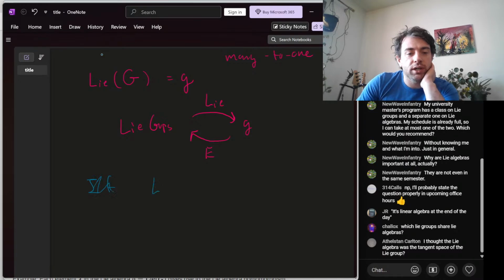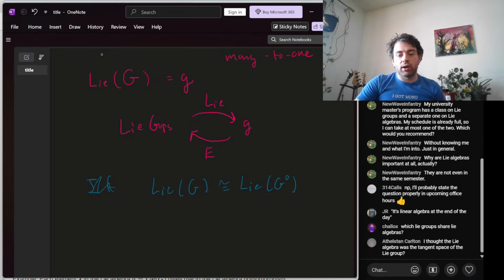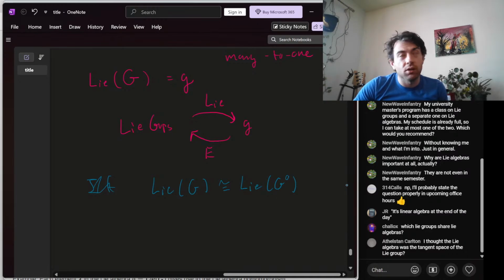The Lie algebra of G will be isomorphic to the Lie algebra of its connected component. So the Lie algebra only sees the connected component of your Lie group, for example. Is that right? No. Am I lying?